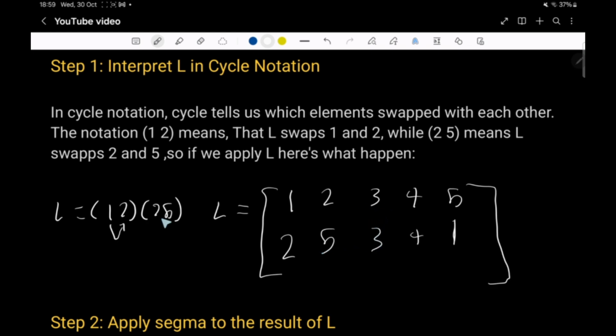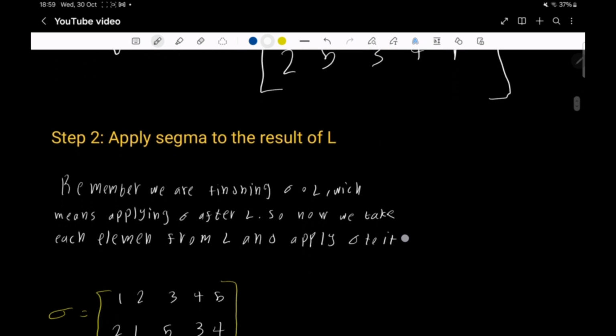We don't have 3 in our cycle notation, that's why we write 3 under itself, because it's going back to itself, so we don't have to write anything else there. 4 is going back to 4, and we need to find 5. 5 is going to 2, 2 is going back to 1, that's why we write 1 here. Okay, very good. Let's continue.